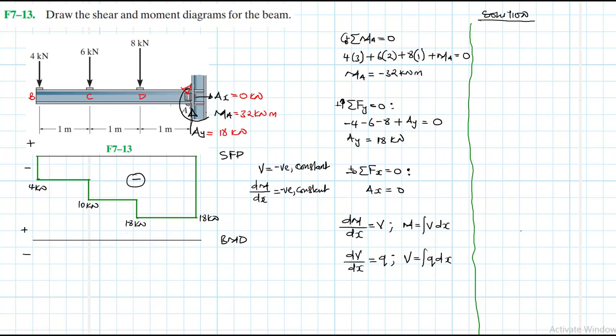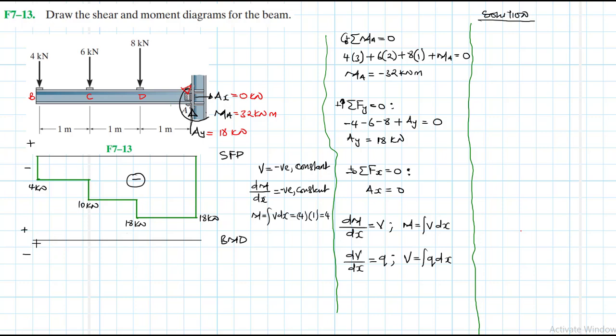Right, let's draw it. And what's its magnitude? Its magnitude is this moment. We know magnitude of moment is just area under the shear diagram. And our shear diagram is just rectangular, so it's just 4 times the length 1, which is just equal to 4.